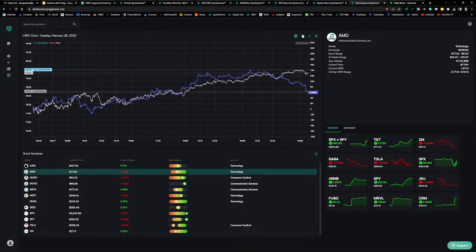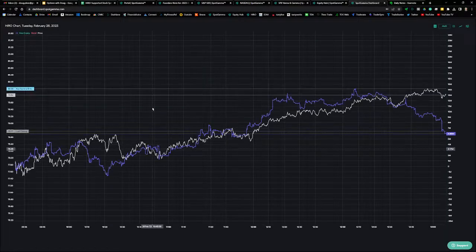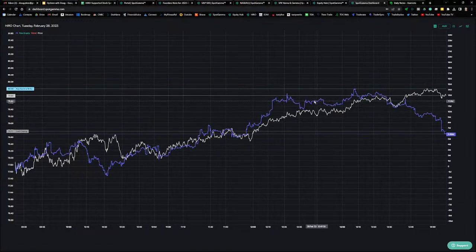And here's another strong confirmation, strong correlation with options trades, hedging flow, and price action. And for those of you who may not be familiar with what's on this chart, this is Hero. This is SpotGamma Hero, hedging impact of real-time options.